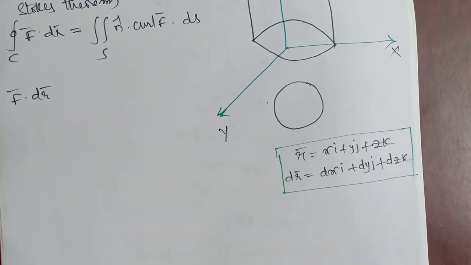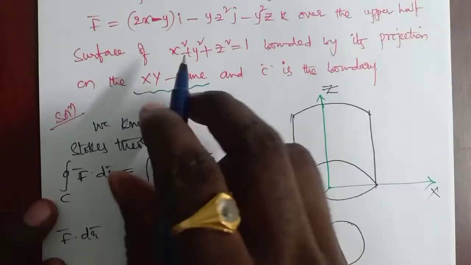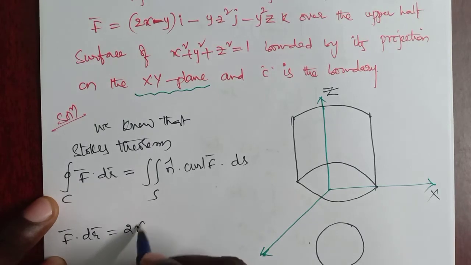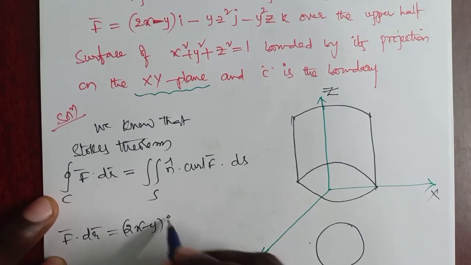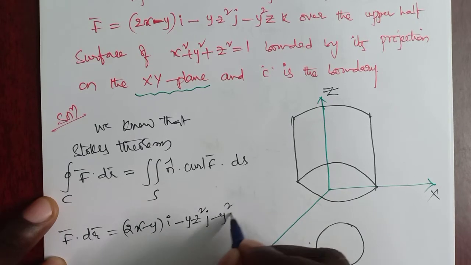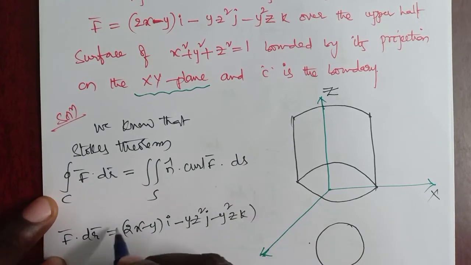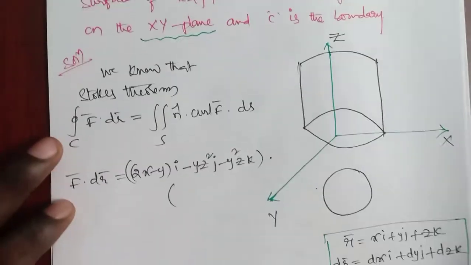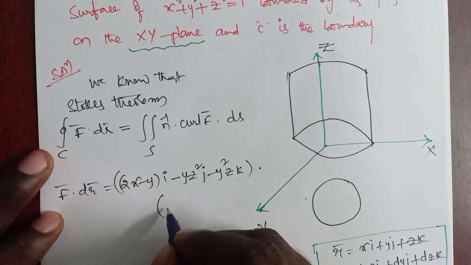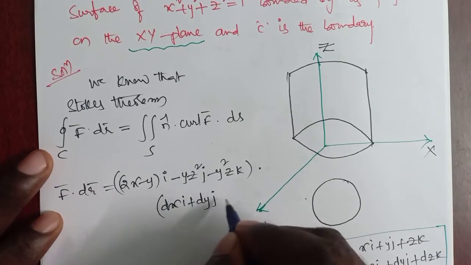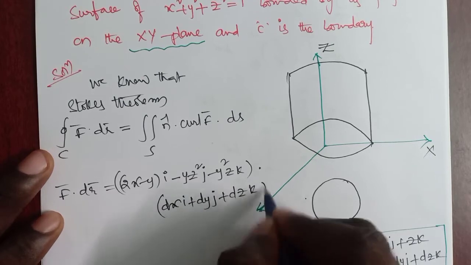Then f bar dot dr bar is equal to, f bar is clearly (2x minus y) i minus yz square j minus y square z k dot dr bar, where dr bar is dx i plus dy j plus dz k.